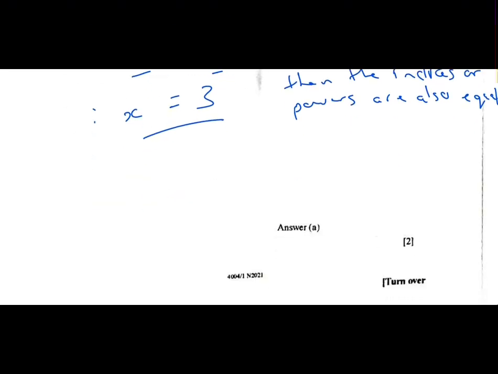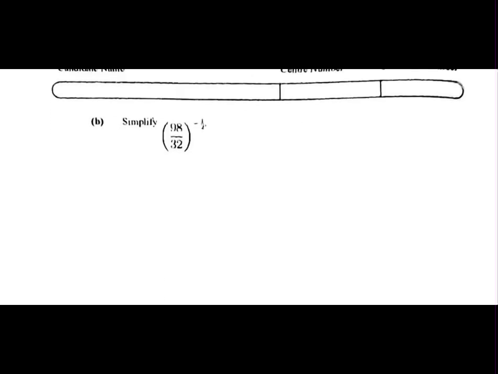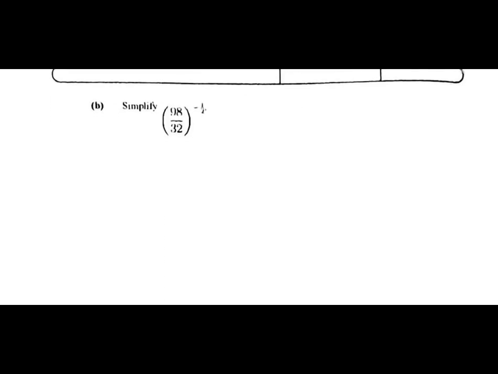Let's move on to question B. Part B says, simplify (98 over 32) to the power of minus half. Now, remember from our algebra and indices that any number x to the power of minus half is the same as saying 1 over x to the power half, and that can also be rewritten as 1 over the square root of x.